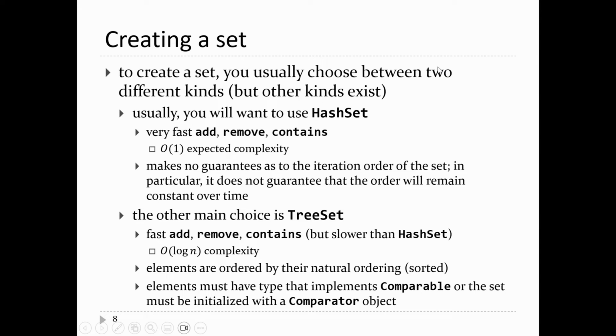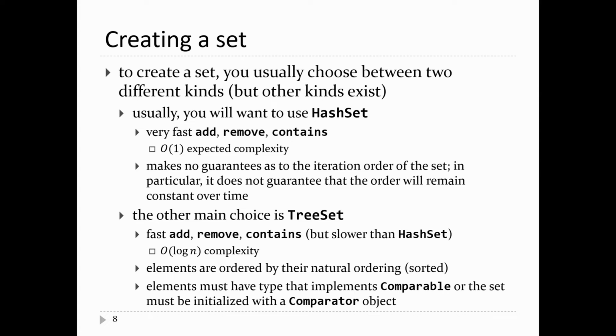Okay, so when you make a set, you usually choose between two or three different kinds of sets. And there are actually more sets that you could use. You almost always want to use hash set. Its fundamental operations, add, remove, and contains, are the primary methods for sets, and those all have O(1) expected complexity.